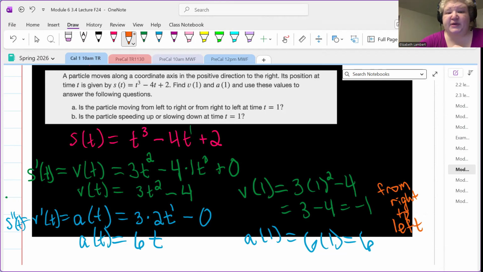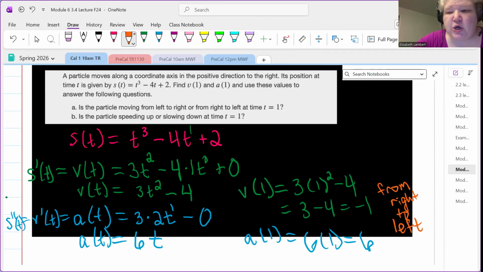Is the particle speeding up or slowing down? So the velocity is negative. It's pointing this particle towards the left. The acceleration is positive 6. So since these are different signs, one is negative and one is positive, they're acting opposite from each other.